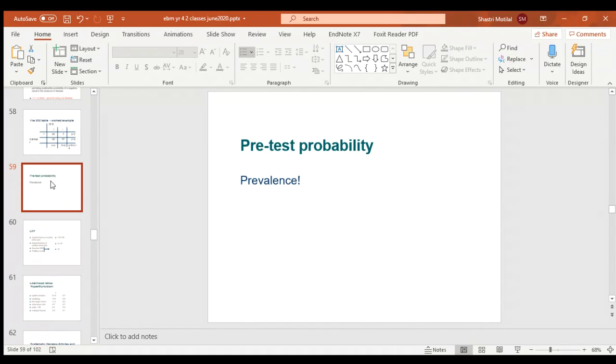From the time a person like that comes into your office and says, Doc, my chest is hurting, you know that person is starting off at a 30% chance of having an MI. That is what we call the pretest probability, and it's the same as the disease prevalence. We use the concept of pretest probability a lot in diagnostic testing because if the person coming to you has a high likelihood of having the disease before you test them, it influences what kind of test we do and how we use sensitivity or specificity.